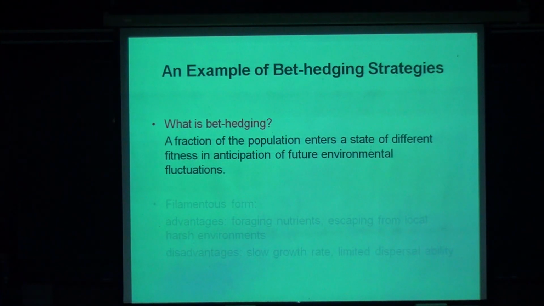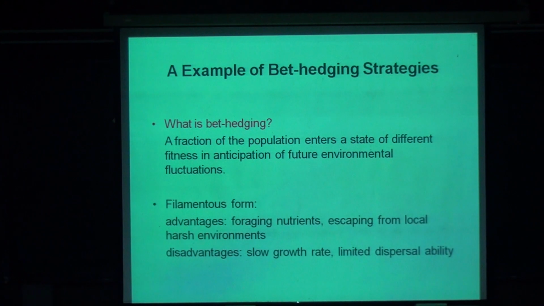So what happens is, okay, the cell decides to develop different states of fitness, and these kinds of fitness are all good for one condition and maybe bad for another condition. So when they encounter those environmental fluctuations, there's always a proportion of cells that will survive under those kinds of changes.